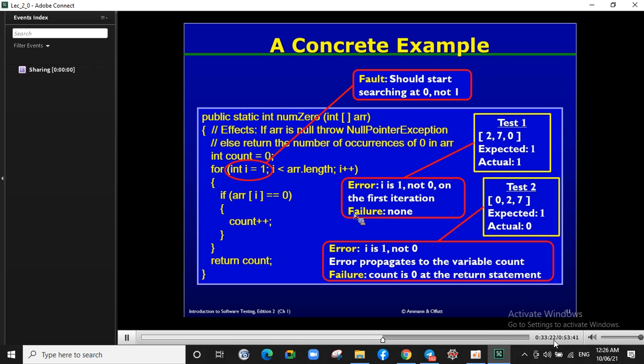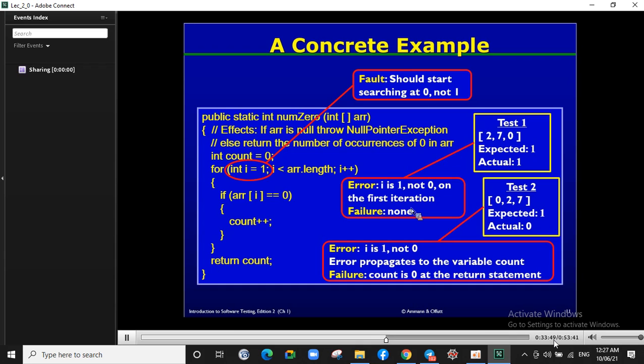So this error propagates during the running to the variable count. The error state affects the final value setting in the count variable.